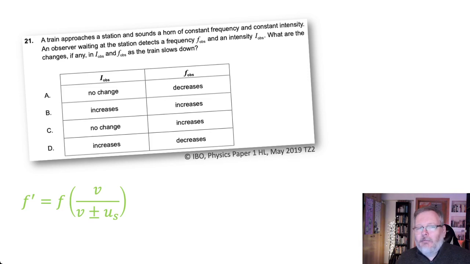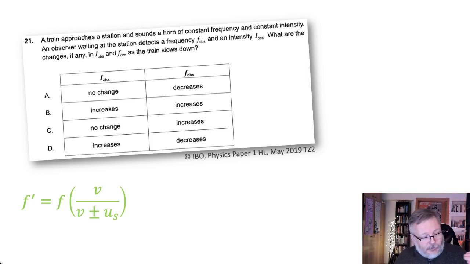But is it going to be A or D? Well, that depends on the intensity. Now, the intensity will be perceived by the observer as the loudness. The greater the intensity, the greater the loudness. It's not a linear relationship for human hearing, but that doesn't matter. It's still going to be the greater the intensity, the greater the loudness, the lesser the intensity, the less the loudness.